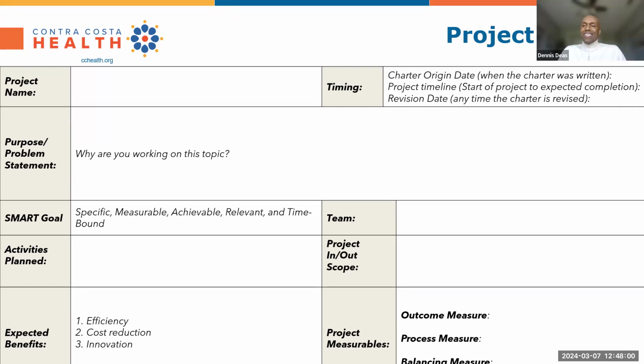Perfect. So that's the problem statement: your 3-year-old doesn't like to go to bed on time. What would be your SMART goal or outcome measure? This one I didn't get to.